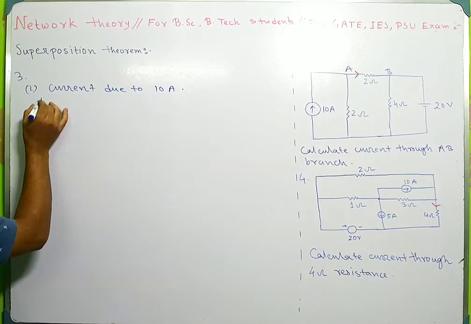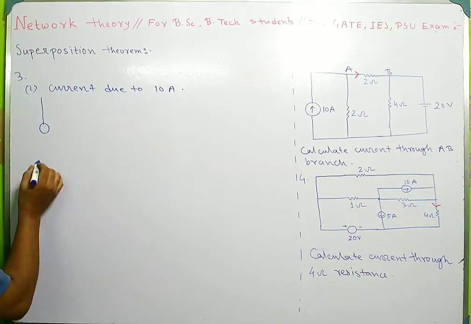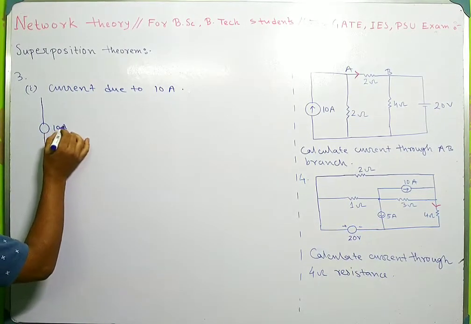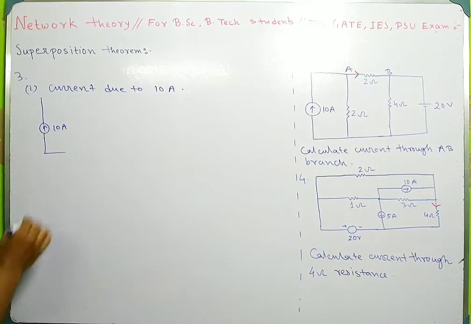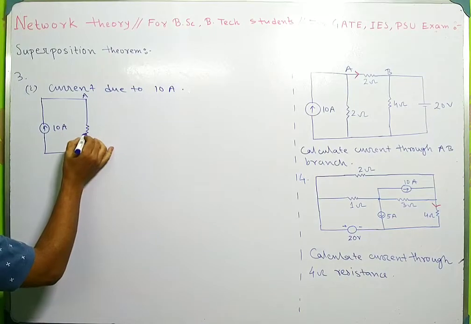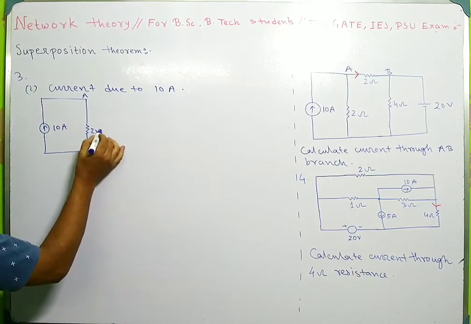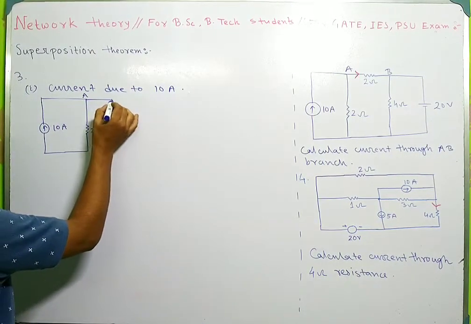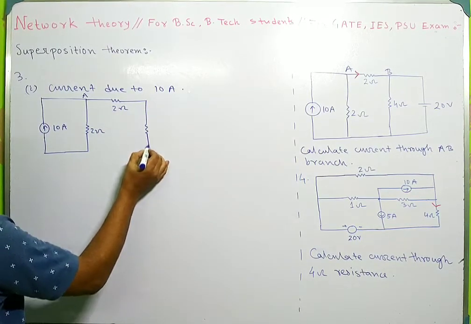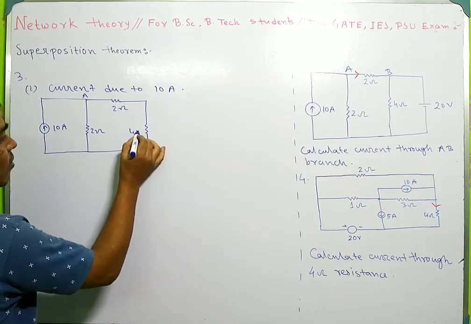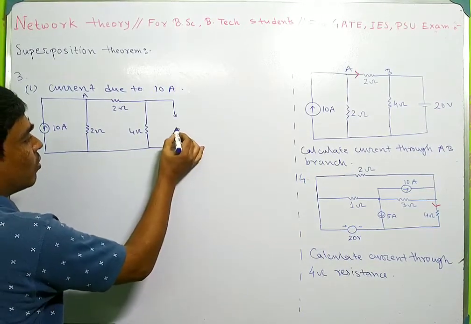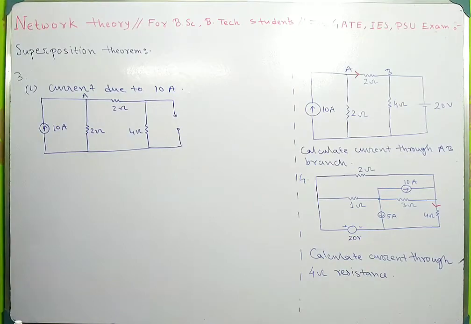When it is redrawn, it looks like this: this is the 10 ampere current source, and this is node A. This is a 2 ohm resistance, and this is a 2 ohm resistance, and this is a 4 ohm resistance, and this is the voltage source.